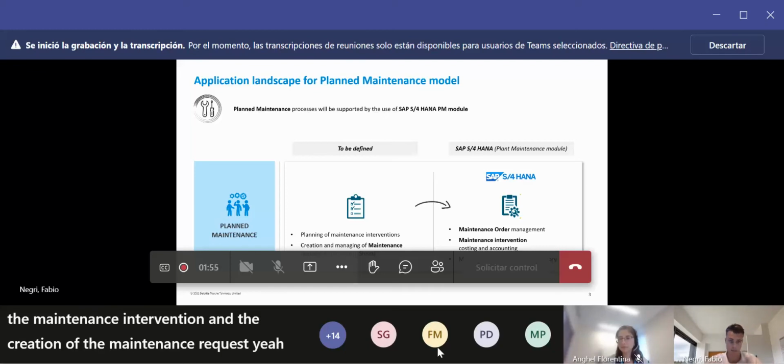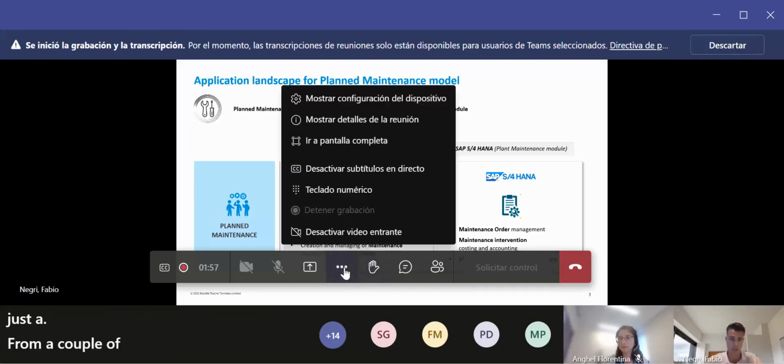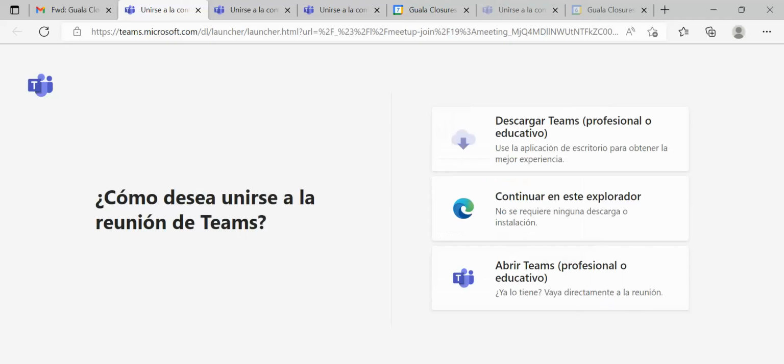Here, just a couple of words concerning the word planned. We are talking about planned maintenance, not the predictive one.